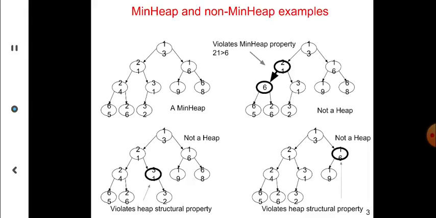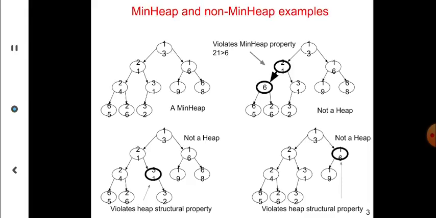Now MinHeap and non-MinHeap example, you can see MinHeap means the minimum value is at the root. You can see 13 and the minimum value 3. You see 13, 16, 21, 31 like this. We can see the root has the minimum value in case of MinHeap, but there is a minimum value that came inside, so it's violating, not a heap.